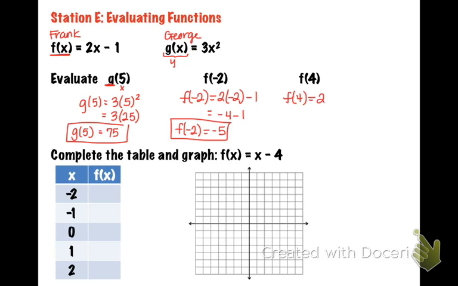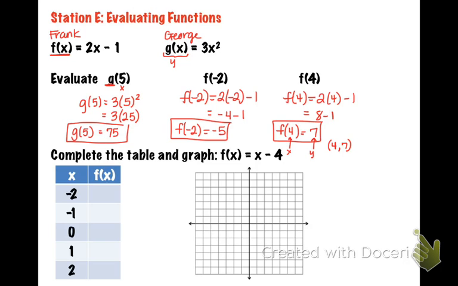This time we'll do 2 times 4 minus 1, which is 8 minus 1. So f of 4 equals 7. Again, what that represents is that our x value is 4 and our y value is 7. So that tells us an ordered pair that goes on that equation, 4, 7.